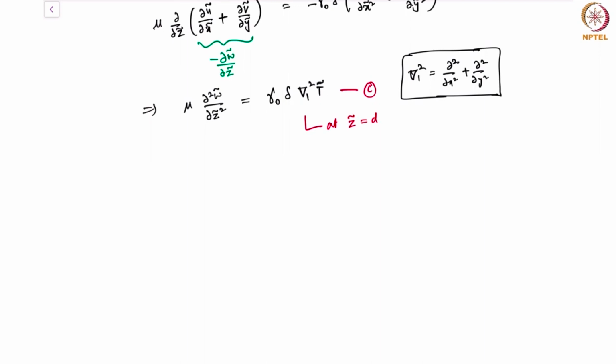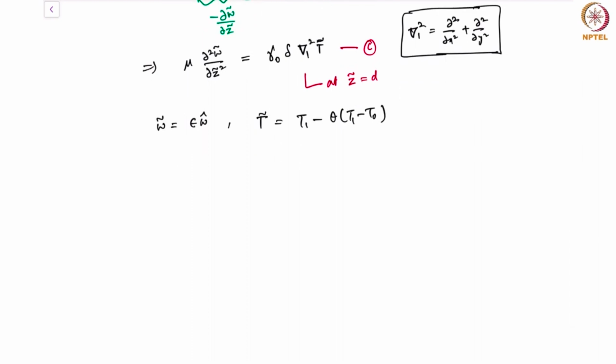Okay. Now we will further say that omega tilde is nothing but epsilon omega hat, and we also had T tilde will be T1 minus theta times T1 minus T naught. That's using the definition of theta.